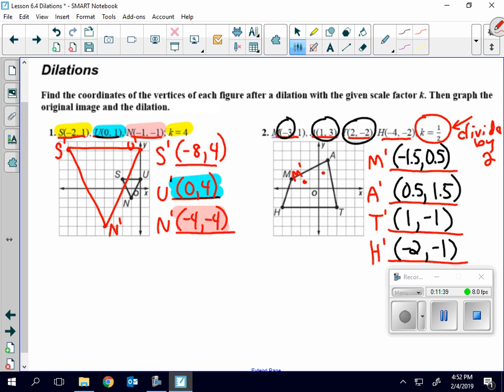T and H are going to be easy. T prime, 1, -1, that's easy. And H prime, -2, -1. That one's easy too. Don't get confused with the halves. Okay, so it's the same shape, it's just smaller since I multiplied by a fraction.